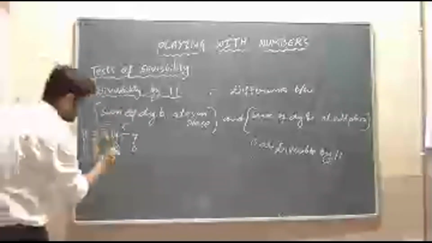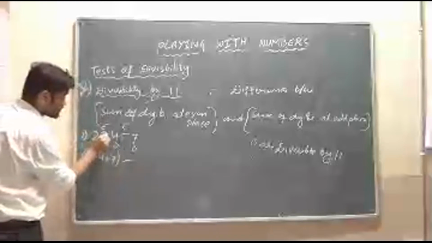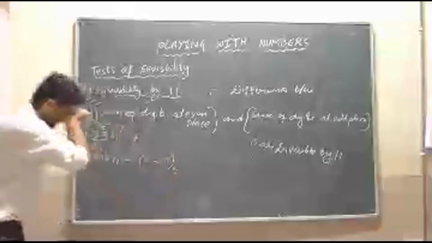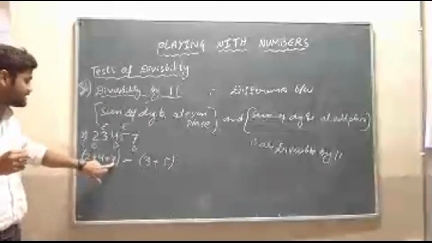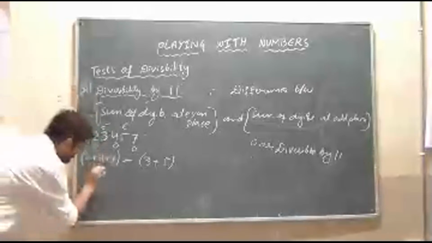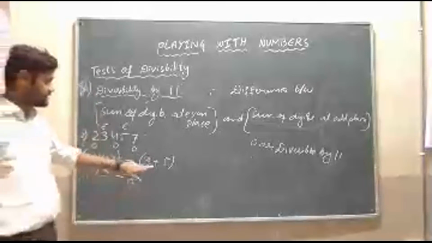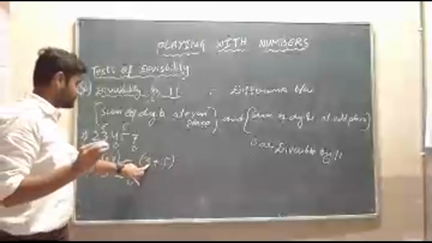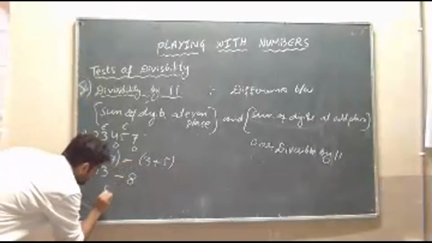Then what are the even numbers? We have to subtract this one. That is 3 and 5. 3 plus 5. See here, 2 plus 4 is 6, 6 plus 7 is 13. 13 minus 8. What is the answer? That is 13 minus 8 is 5.